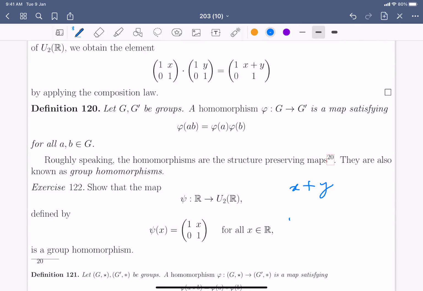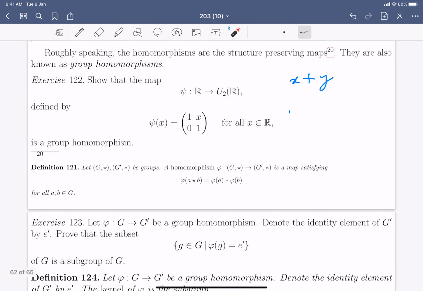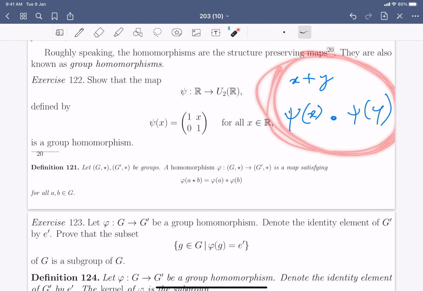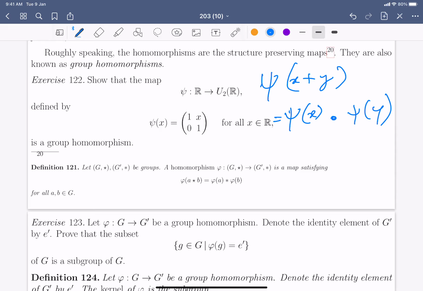On the other hand, if you take the matrices with which you have identified these real numbers, in other words, the matrices psi x and psi y, and compose them, right now instead of adding we will multiply, so then these two things should be the same, right? More precisely, the matrix to which this number corresponds is the same as this. In other words, psi of x plus y is equal to this. This holds for all x, y inside R, right?